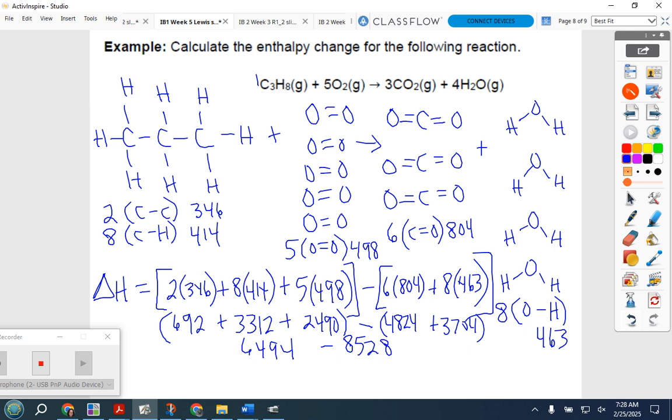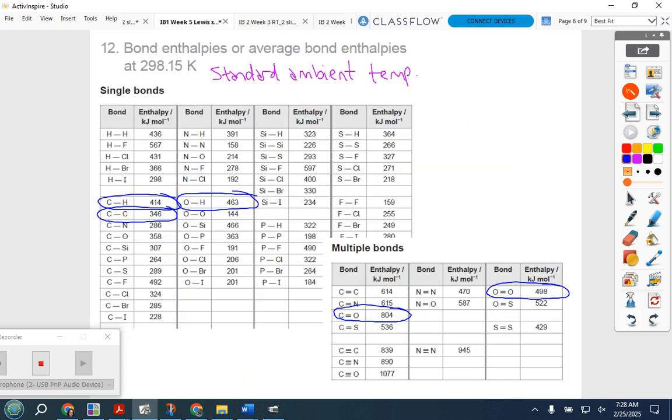So that means my delta H for the reaction is going to be 6494 minus 8528, which gives me a total of negative 2034. And this is going to be kilojoules per mole, because that's the units that we saw on the table for our bond enthalpies.